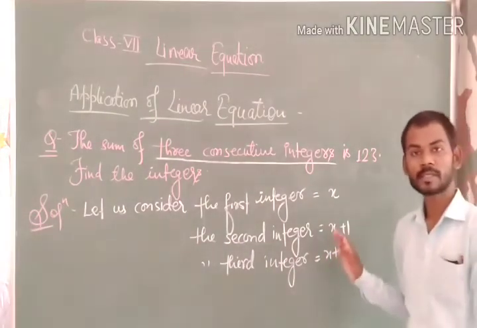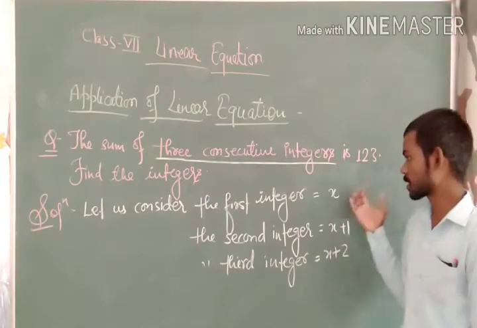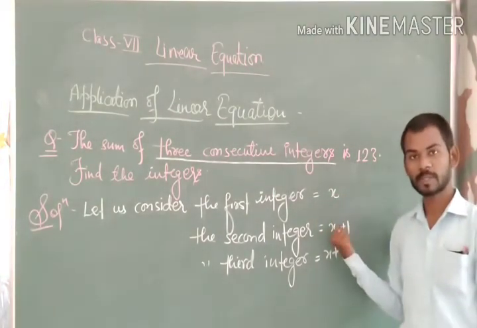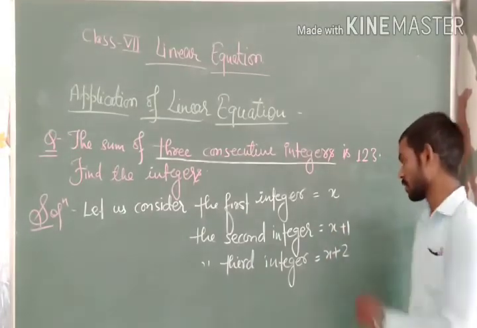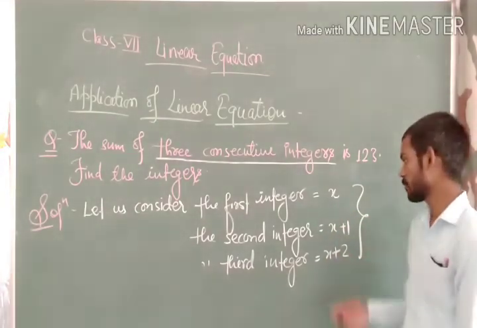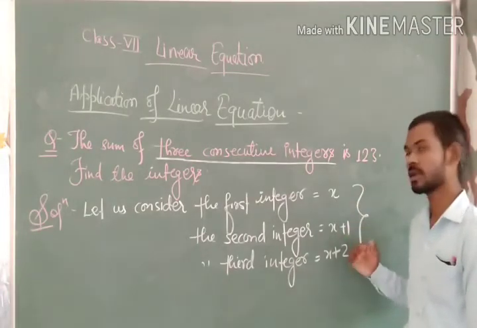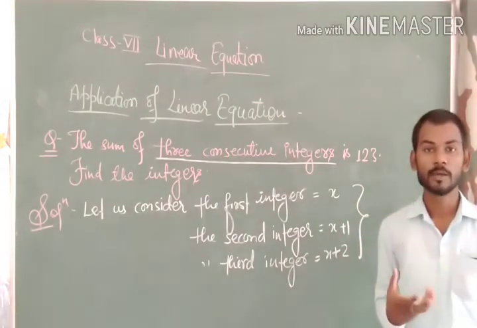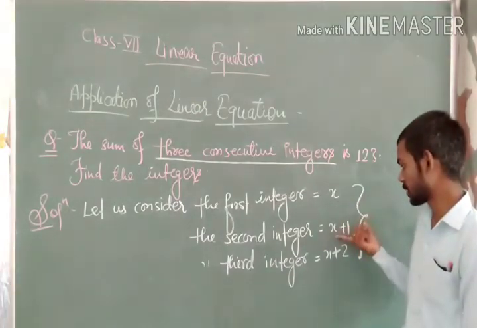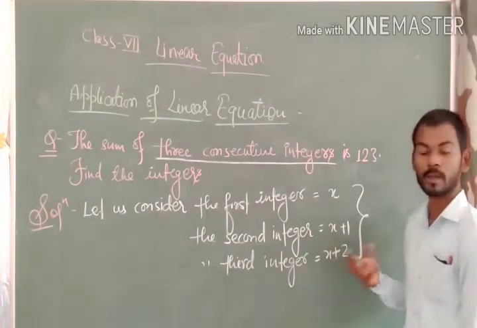So here we supposed the three integers are x, x plus 1 and x plus 2. These three are consecutive integers. That means they are coming in order with difference 1. So x, x plus 1, x plus 2.